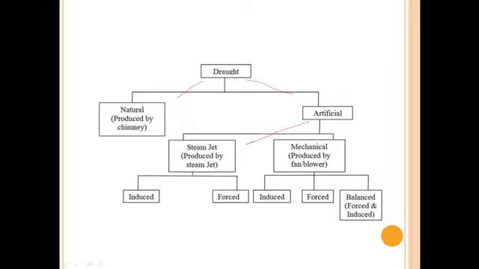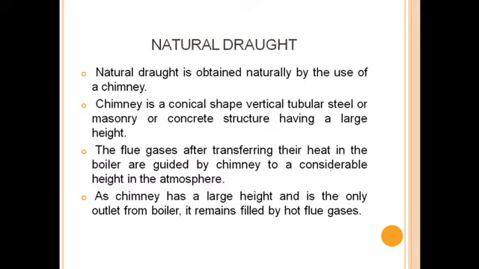One is produced by steam jet, and another is mechanical, produced by fan or blower. The steam jet is further classified into induced type and forced type, and mechanical into induced type, forced type, and balanced. Balanced is a combination of forced and induced.